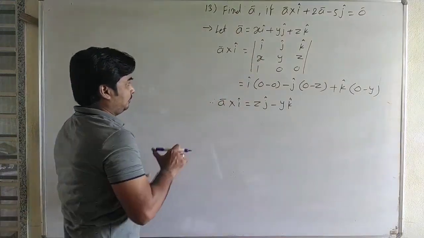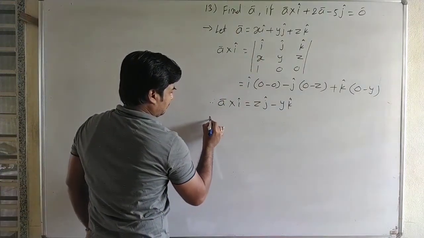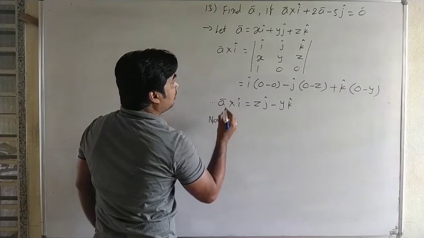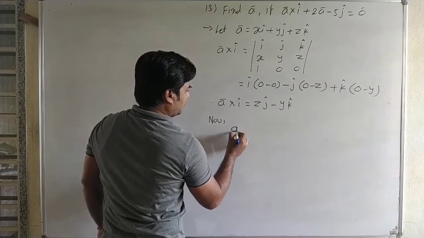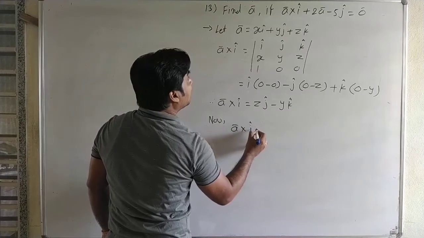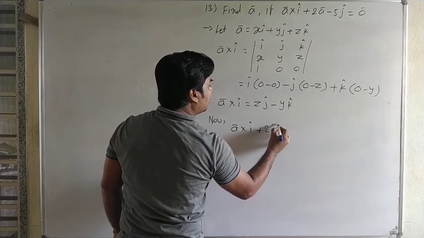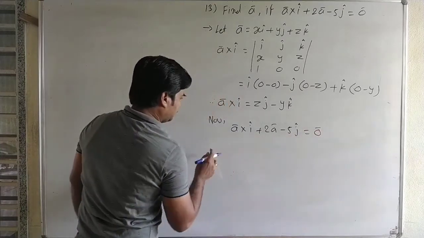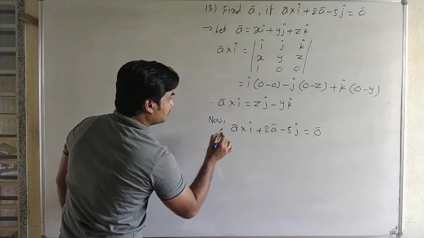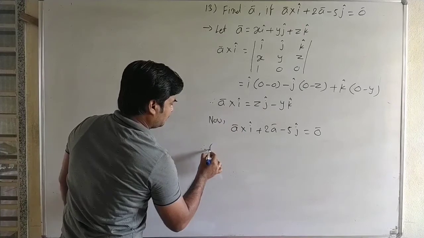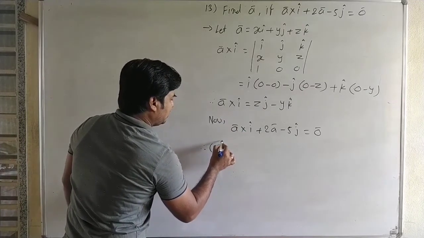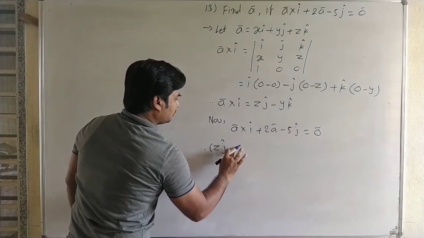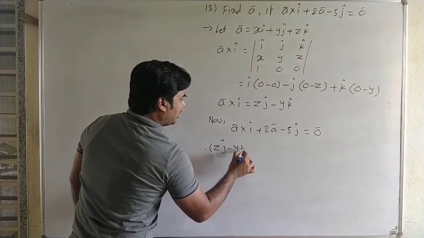Now we find the value of a bar cross i cap plus 2a bar minus 5j cap is equal to 0 bar. Now a bar cross i cap is z j cap minus y k cap.